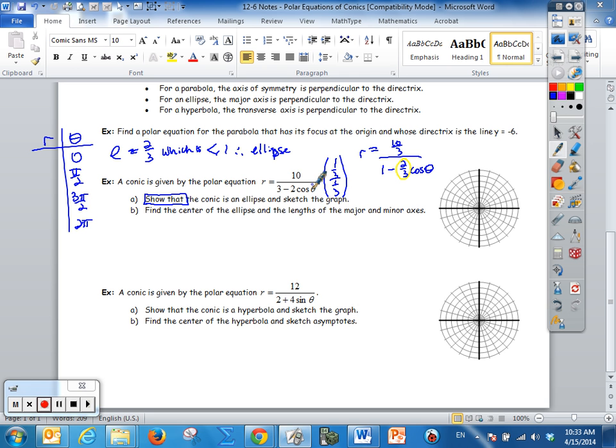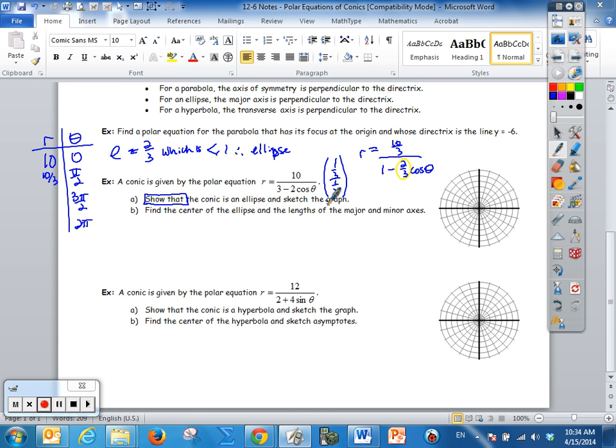So when theta is 0, cosine of 0 is 1. And so 10 over 3 minus 2 would just give us a 10. Okay, so I put pi over 2 in. Cosine of pi over 2 is 0. That gives me 10/3. I put a 3 pi over 2 in there.